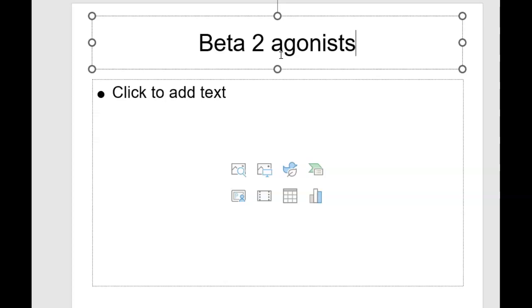Inhaled SABAs, inhaled short-acting beta agonists, are taken PRN to abort an attack. In patients with exercise-induced bronchospasm, they're taken right before the exercise to prevent the attack from occurring. For hospitalized patients undergoing an asthma or COPD attack, a nebulized short-acting beta-2 agonist is the traditional treatment of choice. But they also note that in the outpatient setting, an MDI can be equally effective.